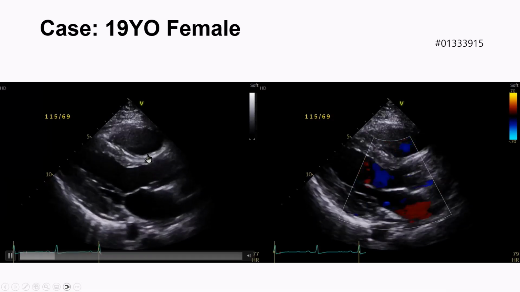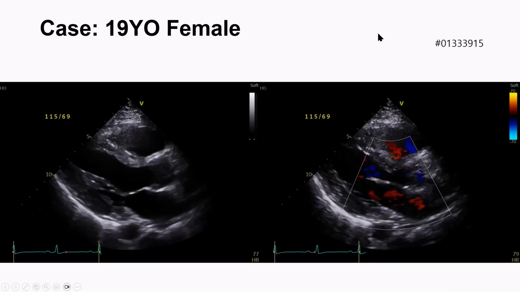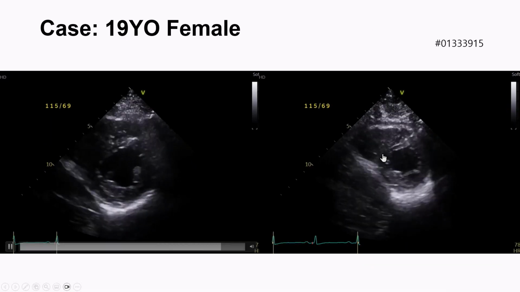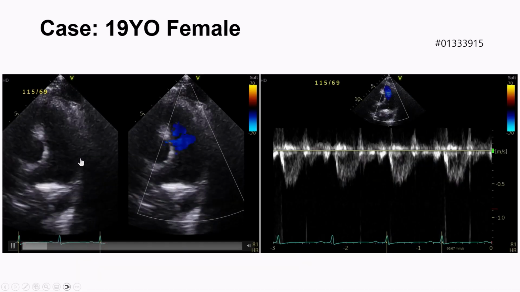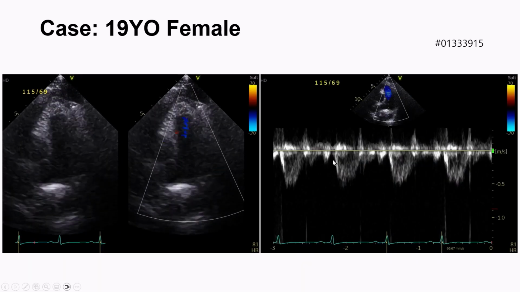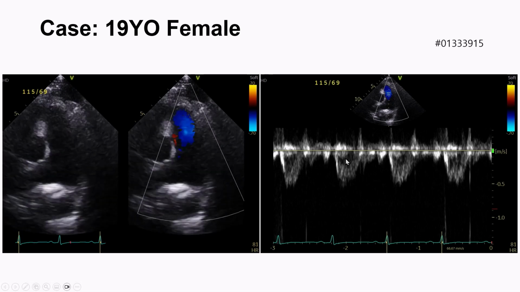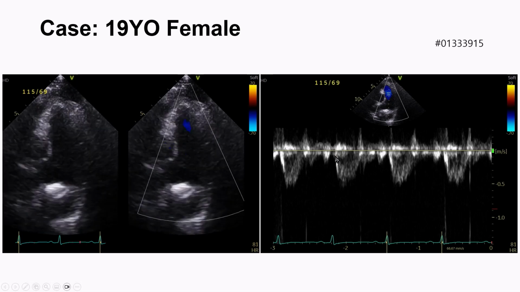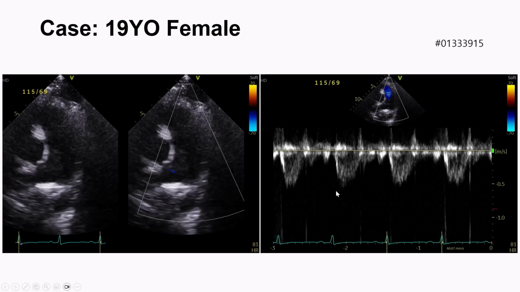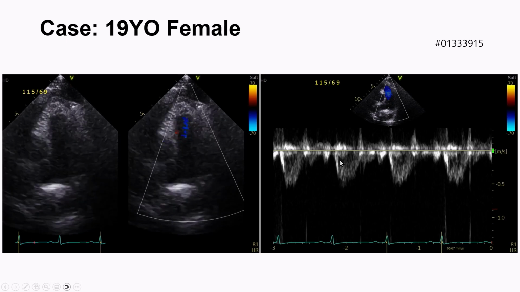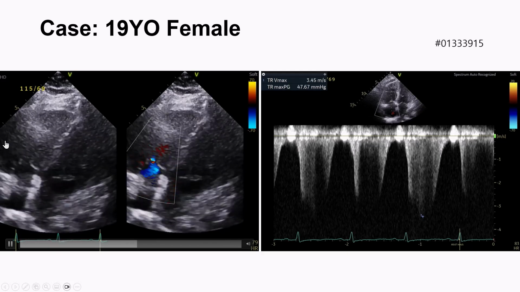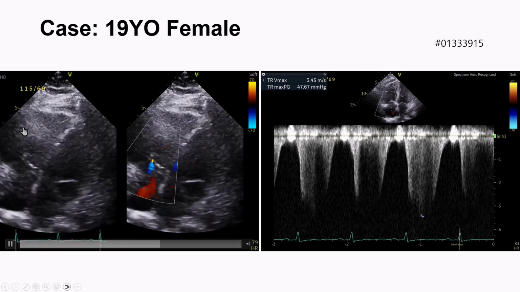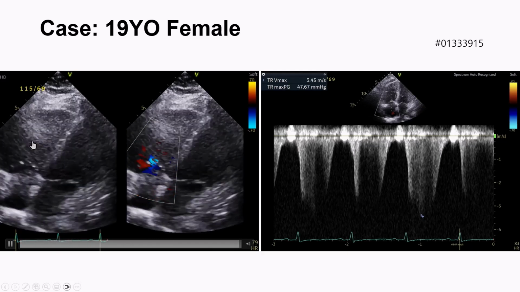Chest echo showed normal LV systolic function, but there was a D-shaped LV and an enlarged pulmonary artery. The PW Doppler showed a slightly shortened acceleration time, and there were a dilated RV and the McConnell sign.